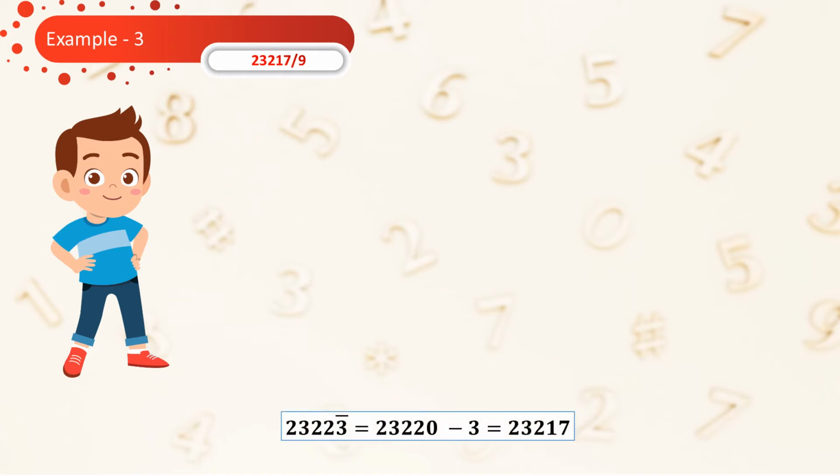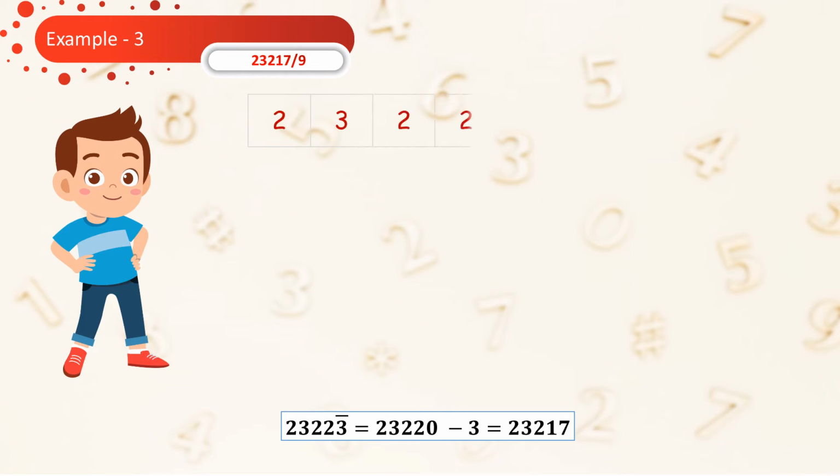If you are new to bar digits, we will put a video on what bar digits is all about in a later episode. But for now, you can know that you can write 23,217 as 23,223 with a bar on 3, which is the same as 23,220 minus 3.